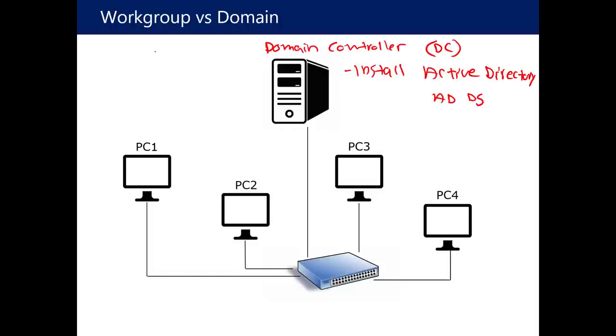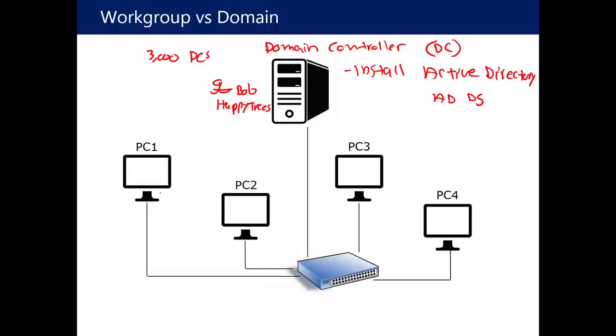So let's say we do have 3,000 computers, and I have 3,000 users. I would now go to Active Directory and create the user account for Bob. I could define his password.